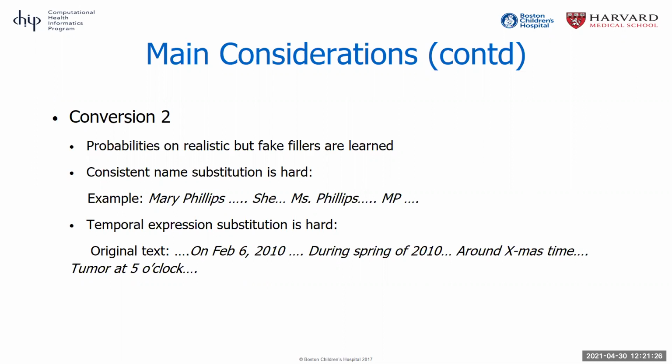There is also some ambiguity in the cancer domain. The clock positions are used quite frequently. So with tumor at 5 o'clock, for example, the temporal expression of 5 o'clock should be disambiguated. Is it a location of the tumor or is it a temporal expression?